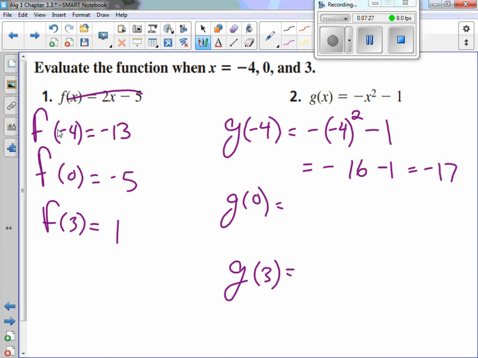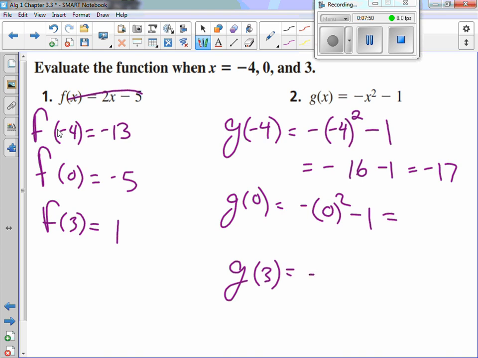Now, when we look at number 2, we plugged in negative 4, and do we agree with negative 17? So the next one, we'd have negative 0 squared minus 1.